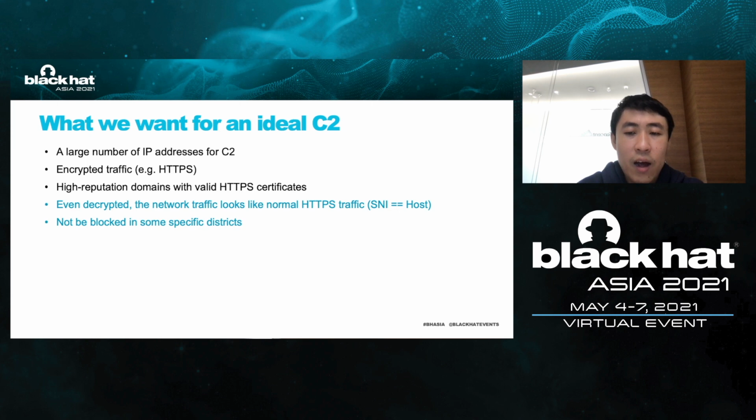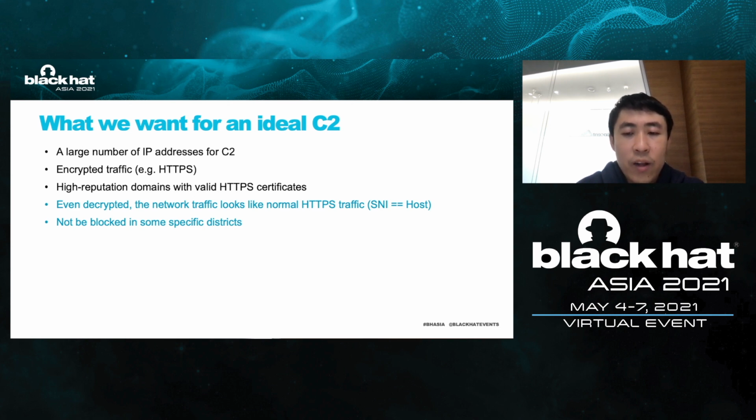We can see that both domain fronting and domain hiding have some limitations. An ideal C2 must have the following features. There are a large number of IP addresses for C2. C2 traffic is encrypted. Connections are established using high reputation domains with valid HTTPS certificates.